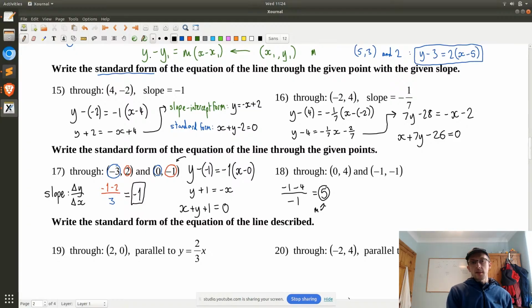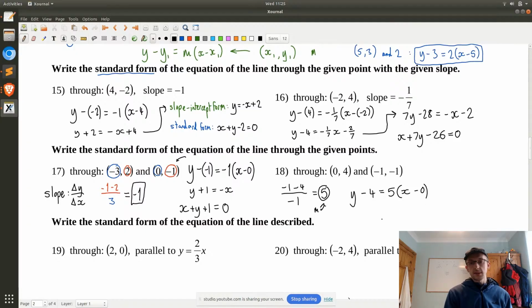Now use this. So say y, I'm going to use 0,4. I'm going to use 0,4 because there's no negatives, right? Fewer mistakes. 0,4. So I'm going to say y minus 4 equals 5 open brackets x minus 0.